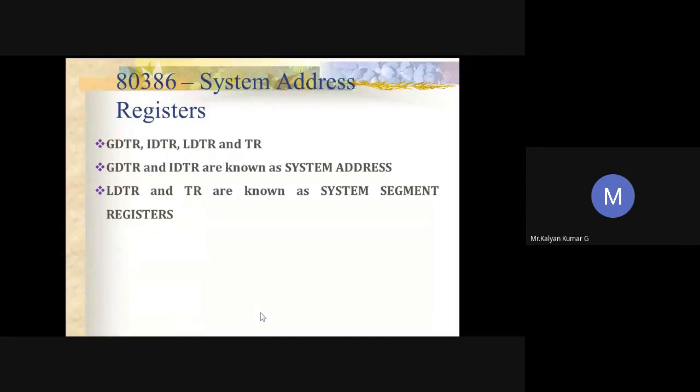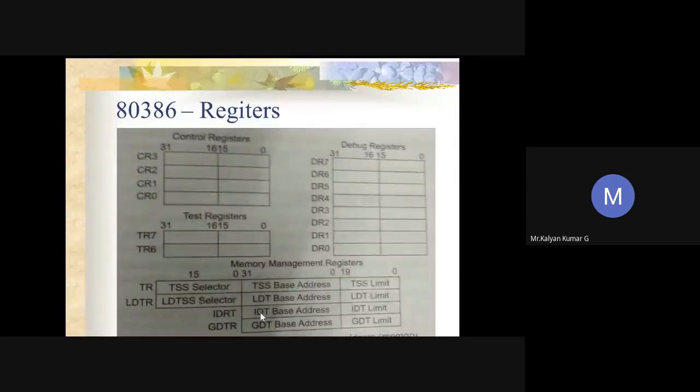When I say GDTR, it means this register holds the address of the descriptor table GDT. Normally the GDTR and IDTR registers together are called system address registers, whereas the LDTR and TR registers are usually called system segment registers. And this is the diagram.